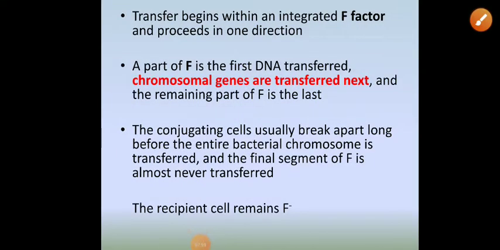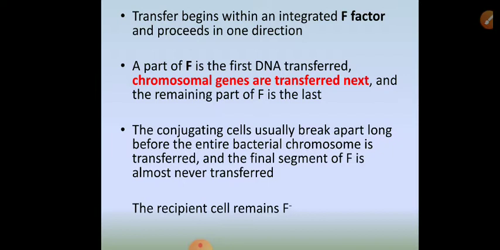The conjugation tube usually breaks apart long before the entire bacterial chromosome is transferred, and the final F is almost never transferred. So the recipient remains F minus. Why does it remain F minus? Because the complete F factor is not transferred.